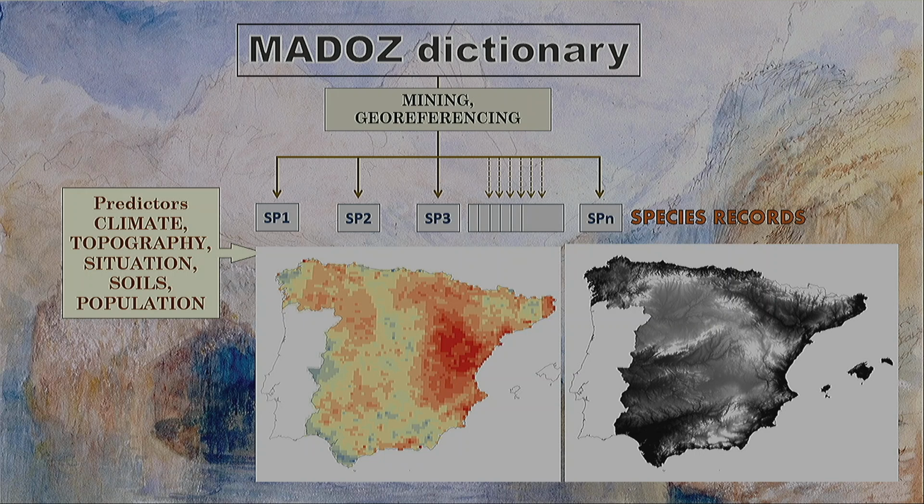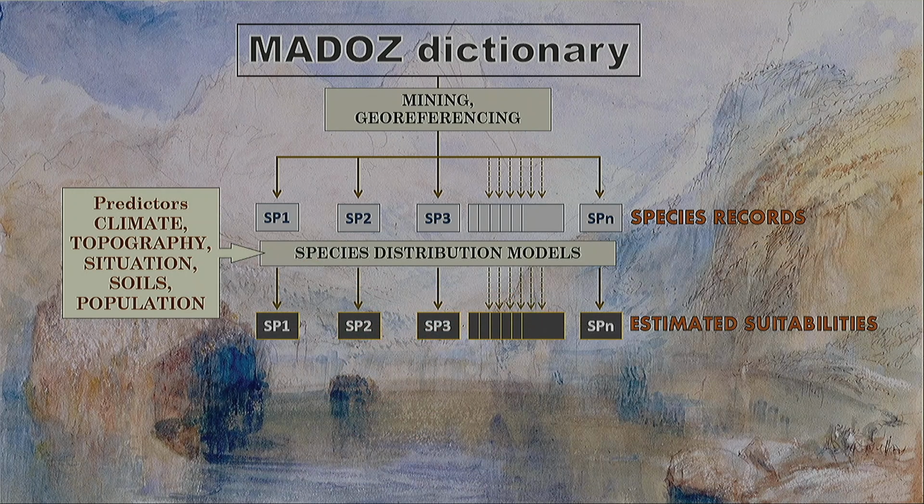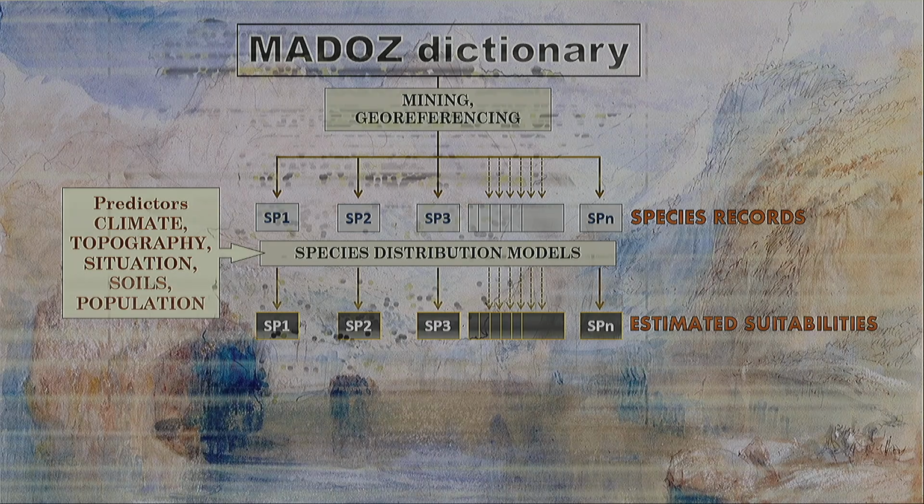I'll show a couple of examples now, but we are compiling information on climate variables, topography, also soil data, and also population. We have a human population census from the mid-19th century that we can project on a good spatial scale. So we are using that to model species, and for each species we will have an estimated suitability across the whole country.